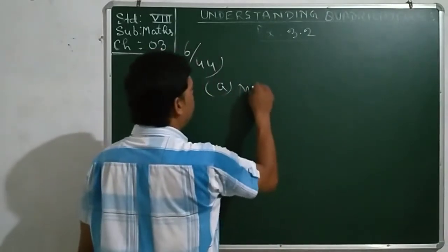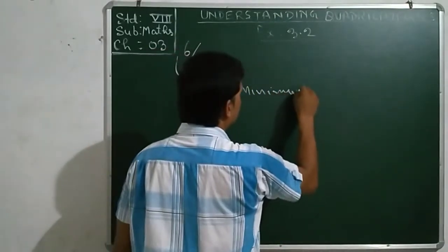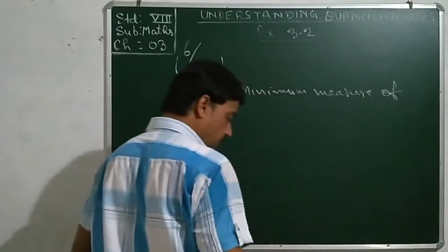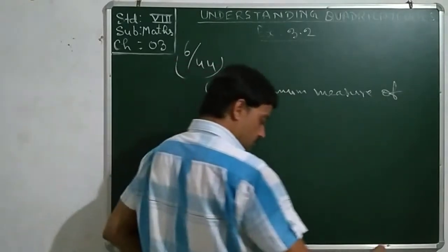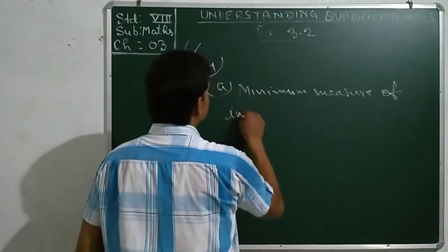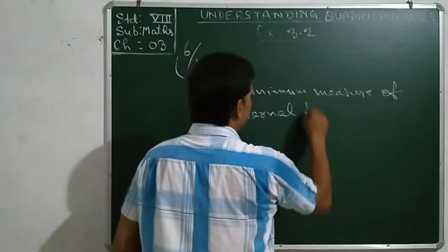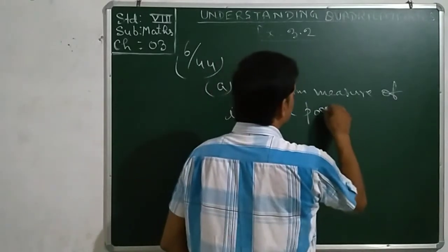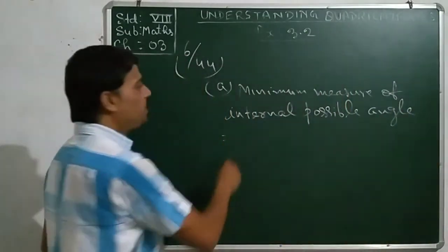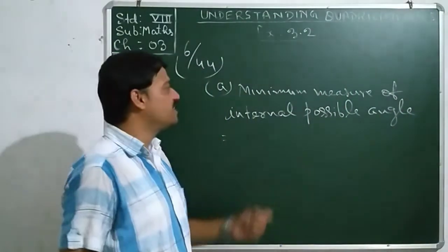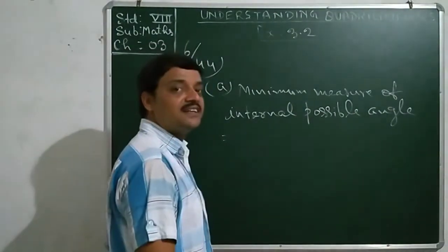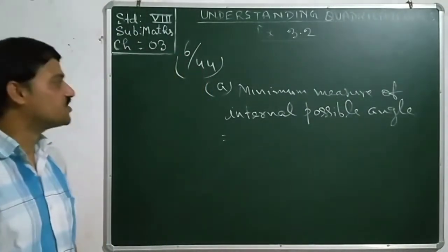So the minimum possible interior angle will be, we know in a triangle it is 180 degree, that is 180 degree divided by 3, we get 60 degree.